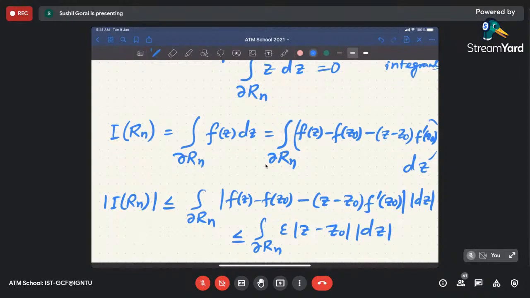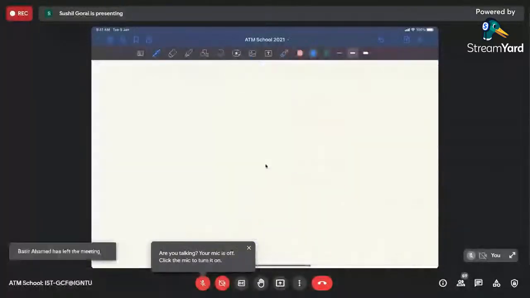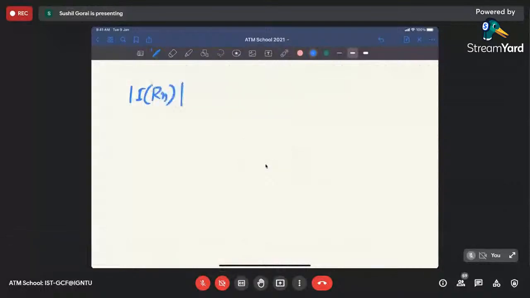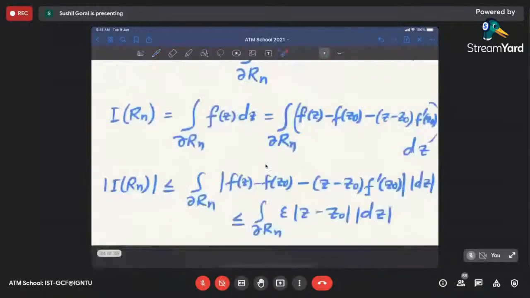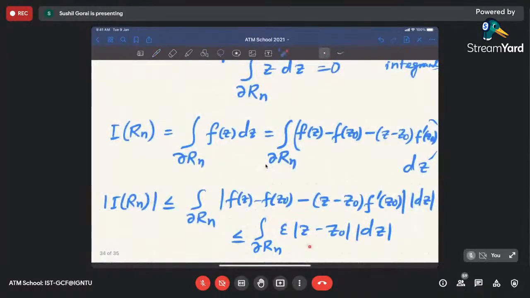All right. Now what you need to know is what is this? So this is less than or equal to the diameter of the rectangle Rn, right? So now what we have is mod I Rn is less than or equal to epsilon, which comes out, and then mod of z minus z naught is dominated by the diameter of Rn.